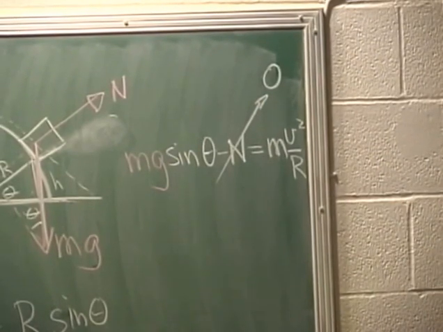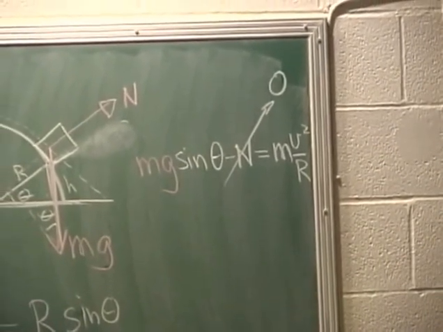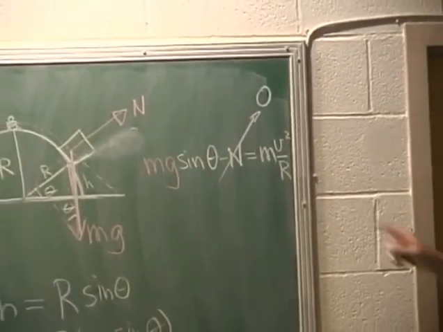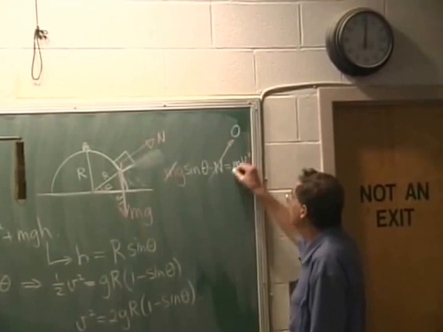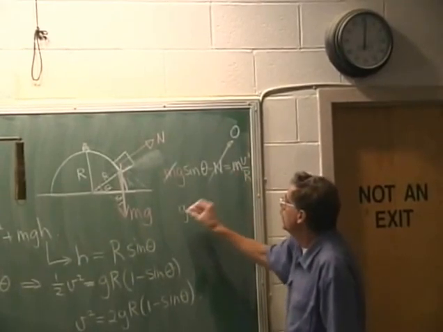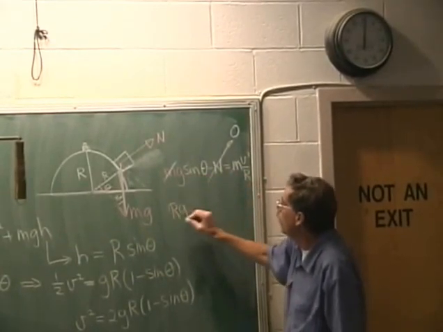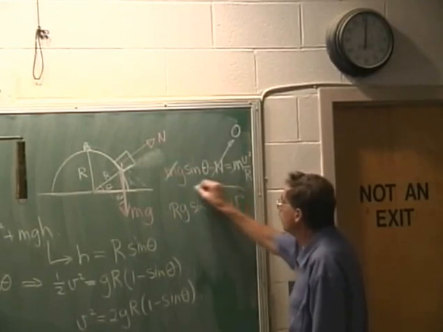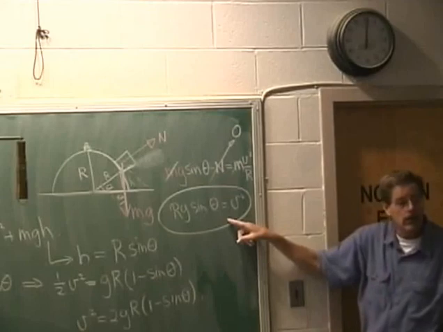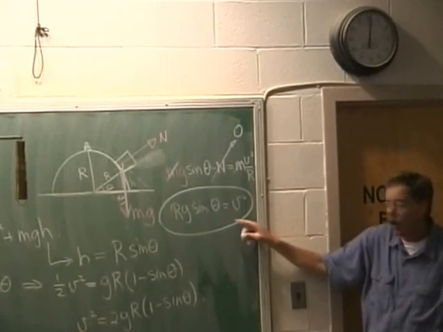At that point you can slide a piece of tissue paper under him and he's not going to crumple it because he's not touching anymore. No normal force acting from the surface. Well, m's cancel and I get g, well, might as well multiply through by the r, gr sine theta is equal to v squared. So there's the condition that he's just barely sliding off.